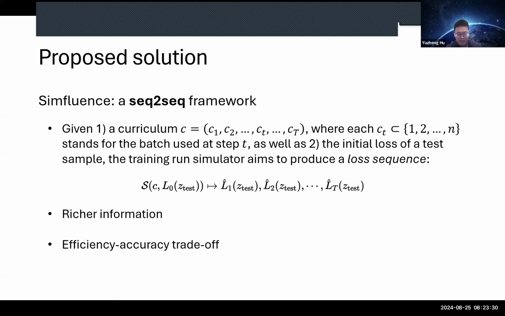But there is naturally an efficiency accuracy trade-off, because we want to avoid doing any of the training, since training is very expensive. So essentially we want the simulation to be very efficient, but we also want to maintain a reasonable degree of accuracy, meaning that although we are using less compute, the loss sequence that we produce using the simulator will still be reasonably close to the actual ground truths that we obtain using full training.